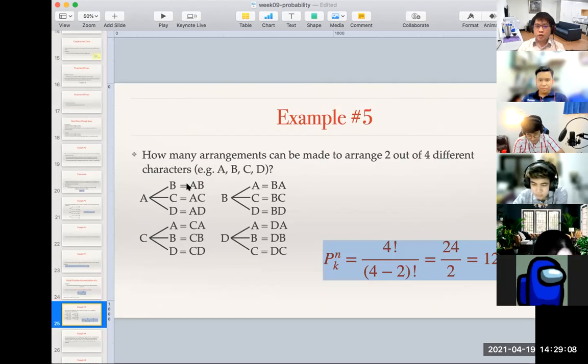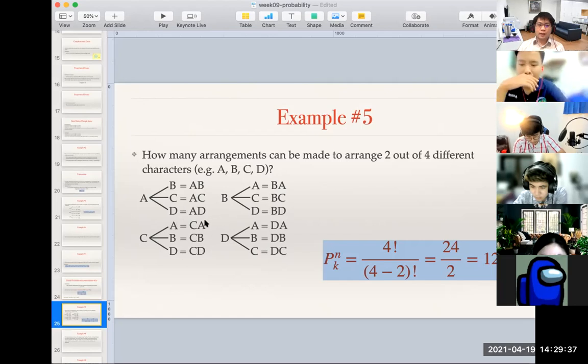Here you know that AB and BA are similar, but in permutations the order is important. So AB and BA are different. Similarly, CA and AC are also different. So if you list out one by one, you will get 12 possible outcomes, right?